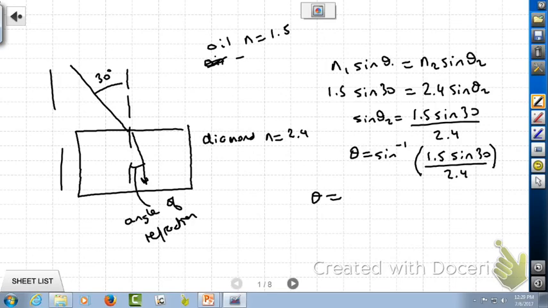I'm getting 18.2 degrees. So that angle there is only 18.2 degrees, whereas the angle coming in was 30 degrees. That's a typical example.